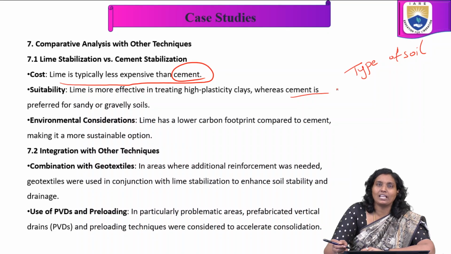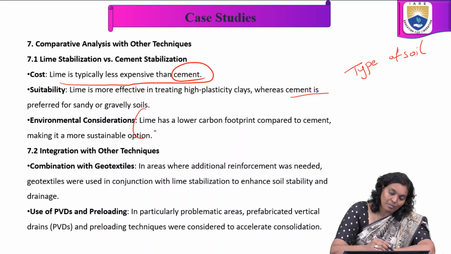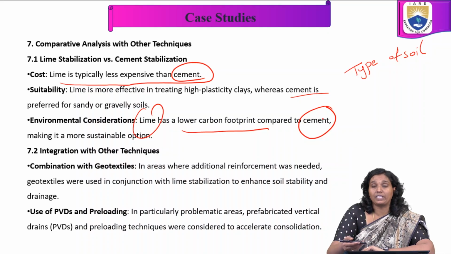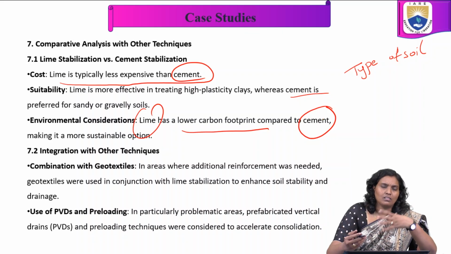In environmental consideration, lime has a lower carbon footprint compared to cement, making it a more sustainable option. Coming to cement, it has a higher carbon footprint and emissions, and different kinds of effects will happen from an environmental consideration point of view.